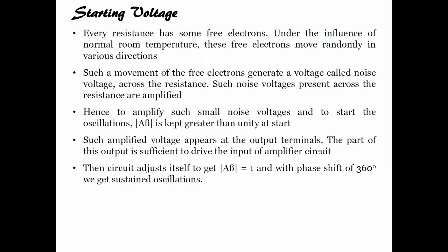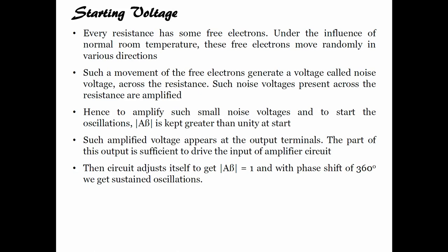The starting voltage comes because of free electrons, because every resistance has free electrons, and under the influence of normal room temperature these free electrons move randomly in various directions. Such electrons form a voltage called noise voltage, and this noise voltage is amplified.